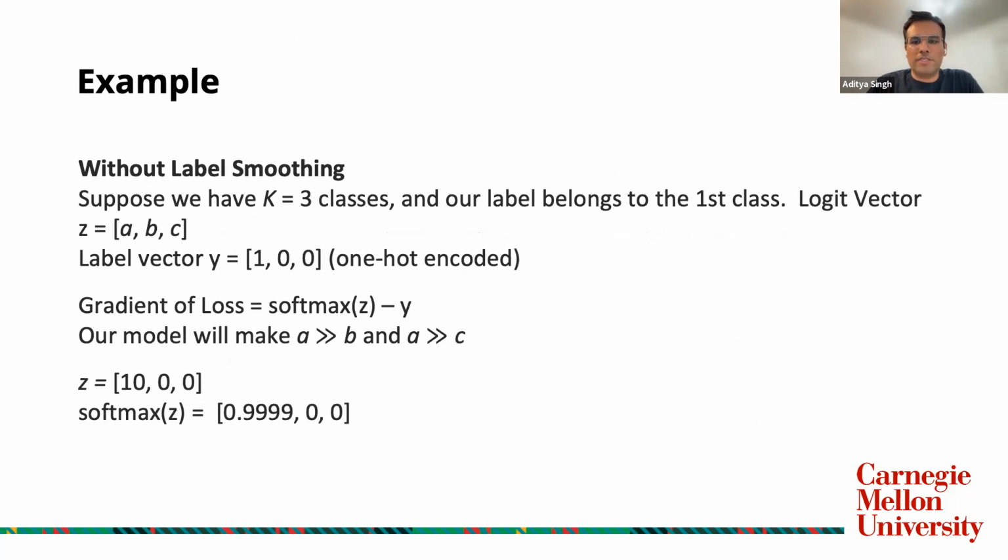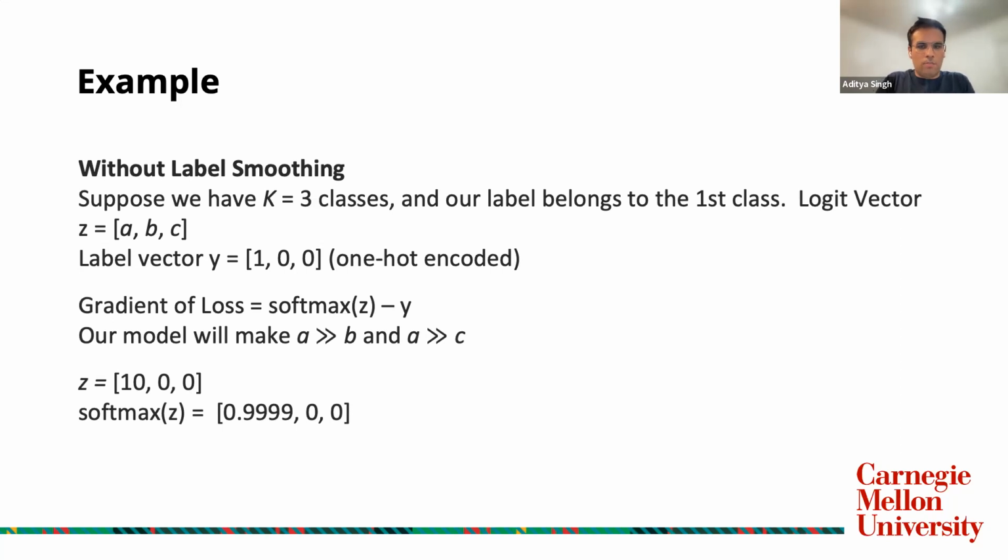For an example, without label smoothing, say we have three classes, and we get our logits Z as the output of the penultimate layer of the neural network. And our label vector is a one hot encoded Y. If you use a cross entropy loss, then the divergence will be 0 for all other components except the first one, the one that is the true label. What we will try to do is make the distribution of softmax of Z as close to the true distribution of Y as possible.